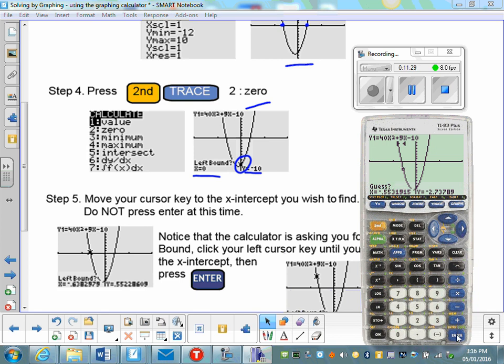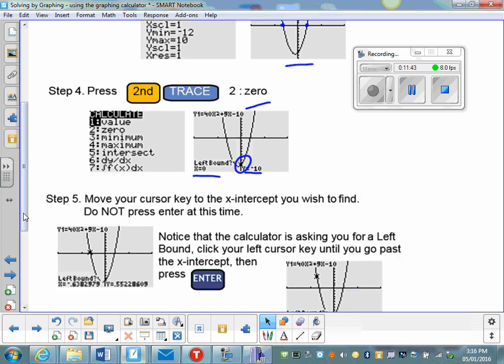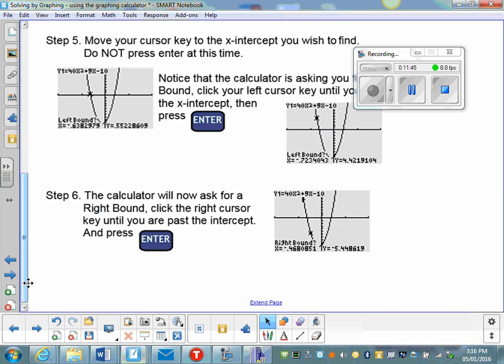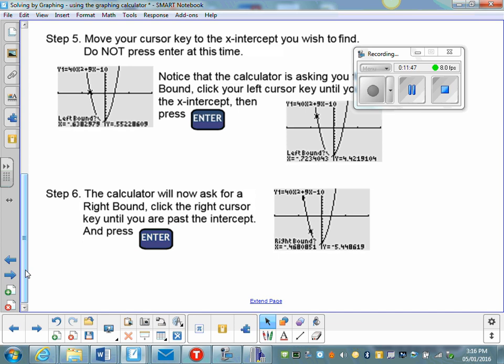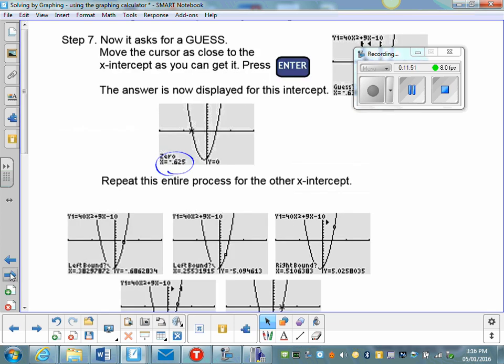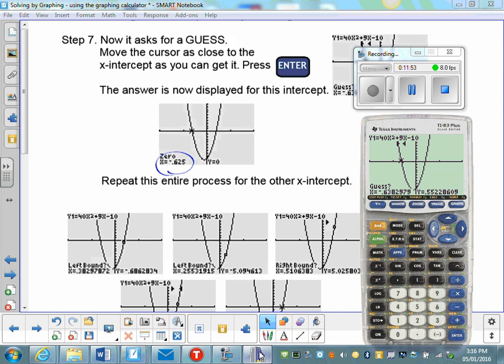And then it says guess. And for guess, I'm going to hit my left cursor arrow, and I move back to close to where that x-intercept is located. Okay, so I've gone through these steps. Now it asks for a guess.